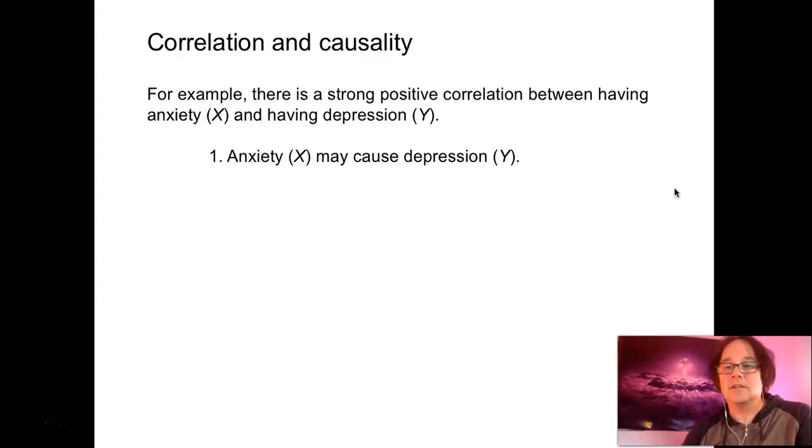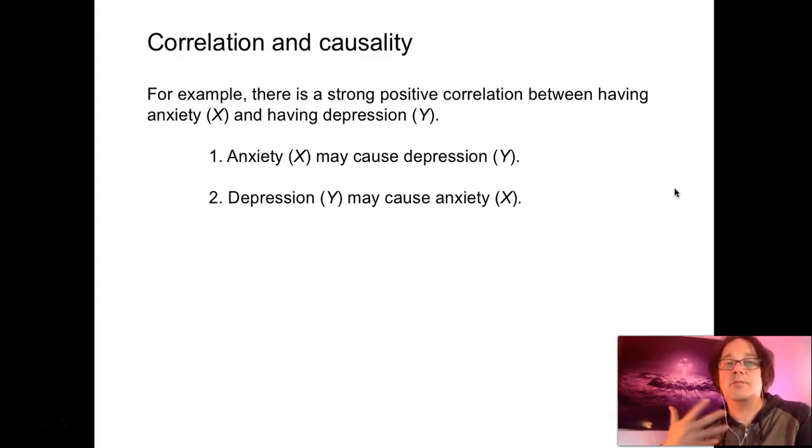Constantly worrying, constantly having these physical symptoms that come with anxiety can wear you down. Another possibility is that being depressed is causing anxiety. Having these sad thoughts and morbid thoughts might actually cause anxiety in people. So who knows which is causing which?